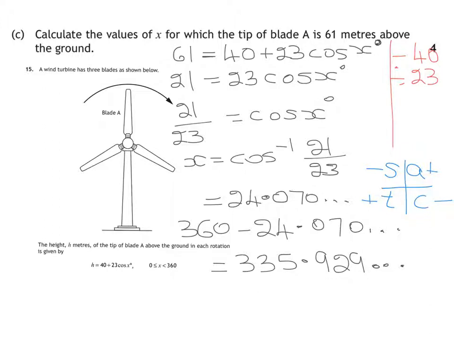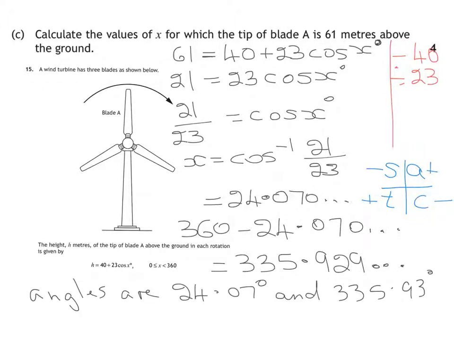I tend to opt for the 2 decimal places. So rounding both of them to 2 decimal places, the two angles where it hits a height of 61 metres are 24.07 degrees and 335.93 degrees. Okay, that was a lot of work, but it is 4 marks worth.